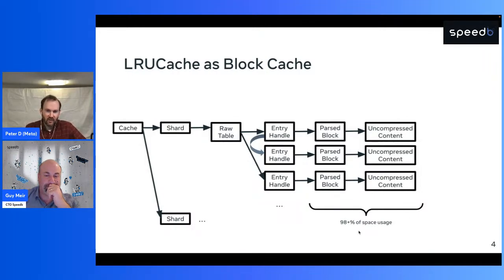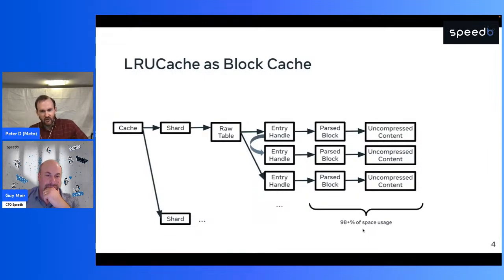And one of the interesting things about this hash table is that if you look at a lot of hash table implementations, they're heavily optimized for making sure that they can have a high load factor without falling down in performance.